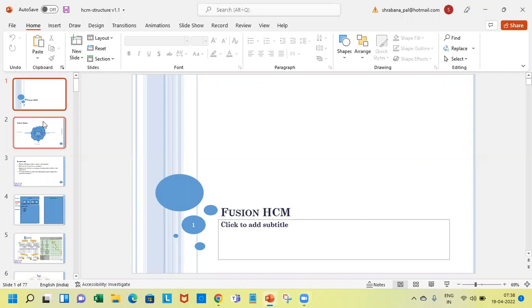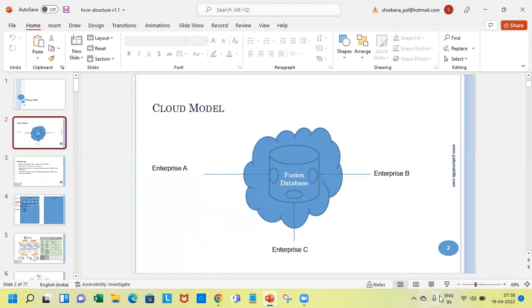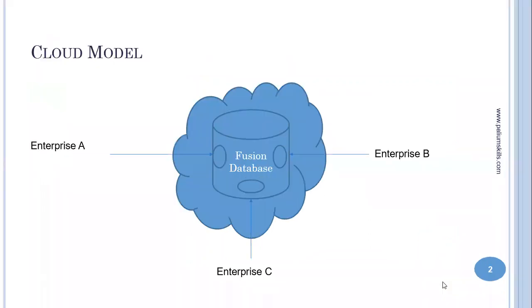So this diagram is something that you have already seen, where we said that you have a Fusion database at the heart, and then you have different enterprises which are sharing the infrastructure. Different enterprises are sharing the database and the screens and so on and so forth.